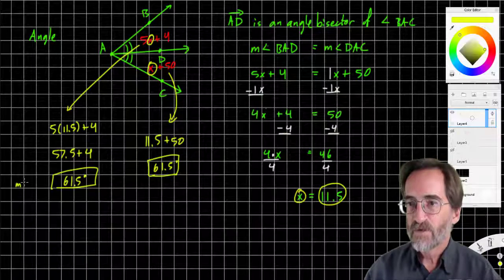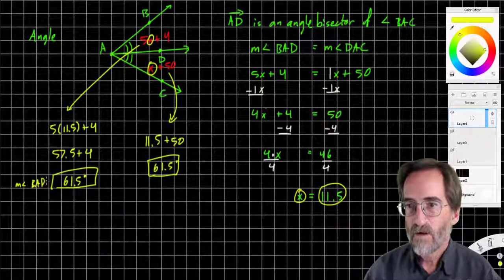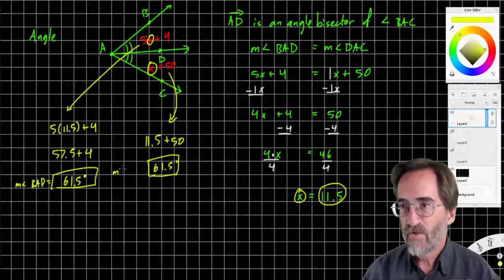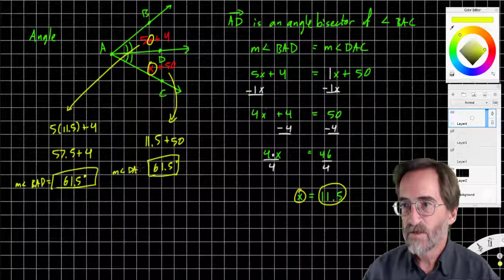This is the measure of angle BAD. And this is the measure of angle DAC.